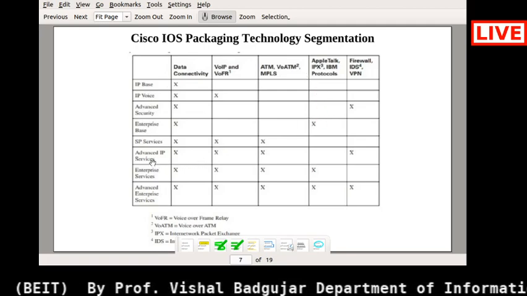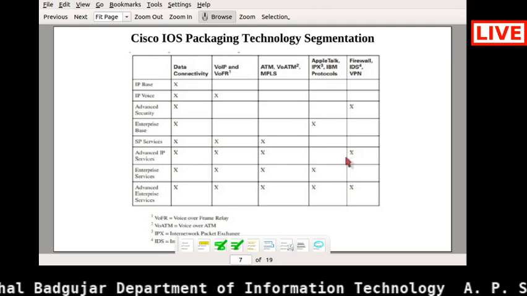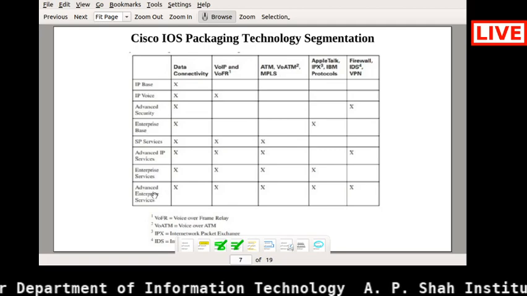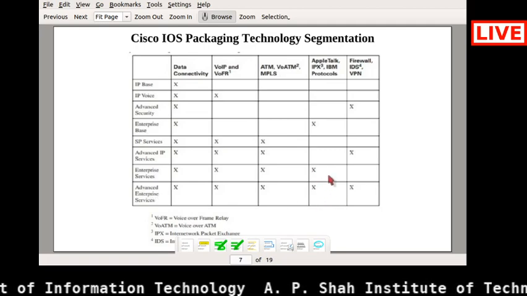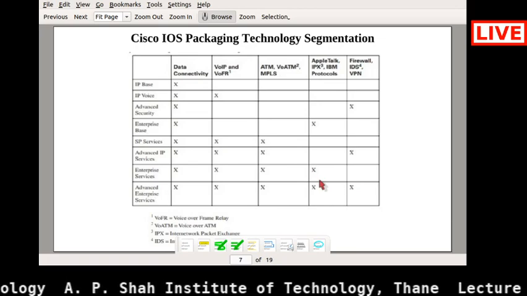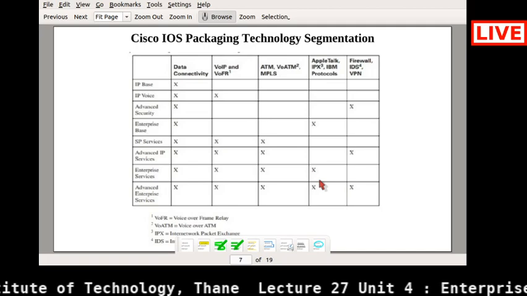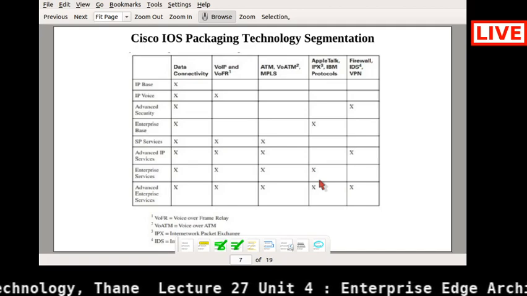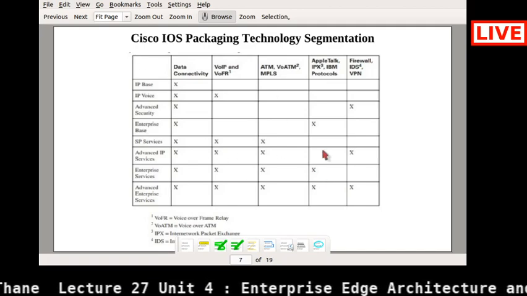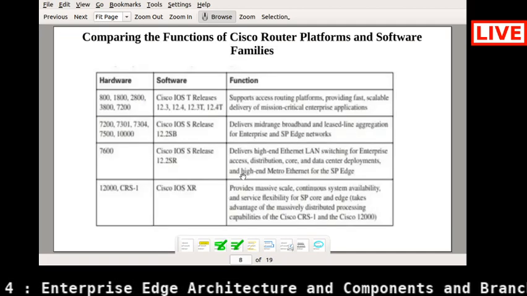You can also select the advanced IP services, in which you also get these services. In the advanced enterprise services also you get these services. Depending upon your organizational and enterprise requirements, you need to check, select and apply. These are the iOS packaging technologies logical segmentation I have given here.